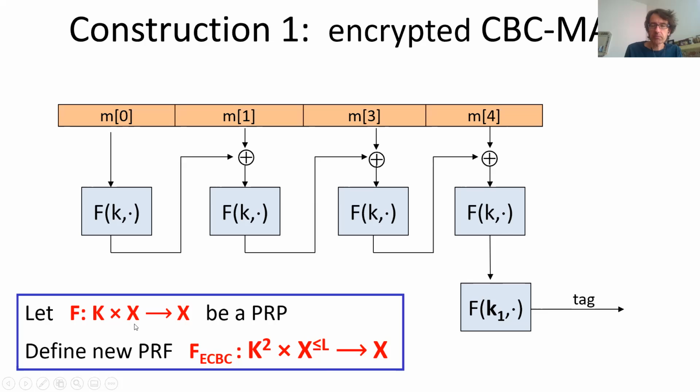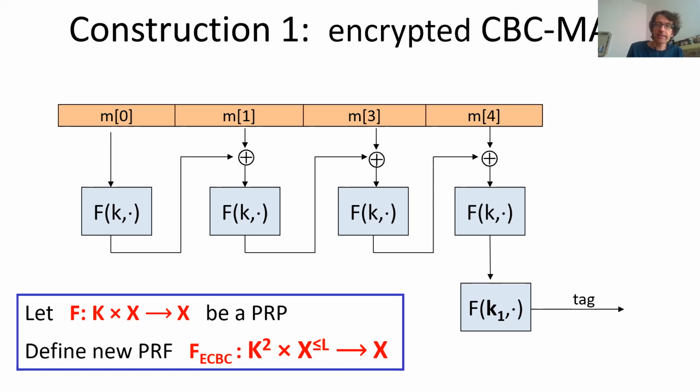So if these are 16 bytes for the case of AES, these are any sequences of 16 bytes up to some limit. As in the case of encryption modes of operation of the block cipher, we'll say there is some polynomial in the security parameter, capital L. It's the limit of the size of the message that you can put through this.